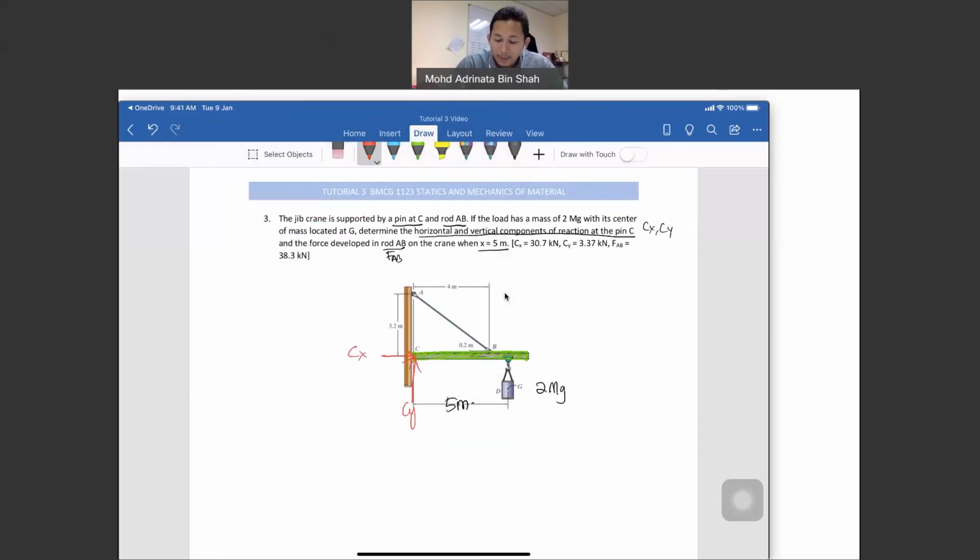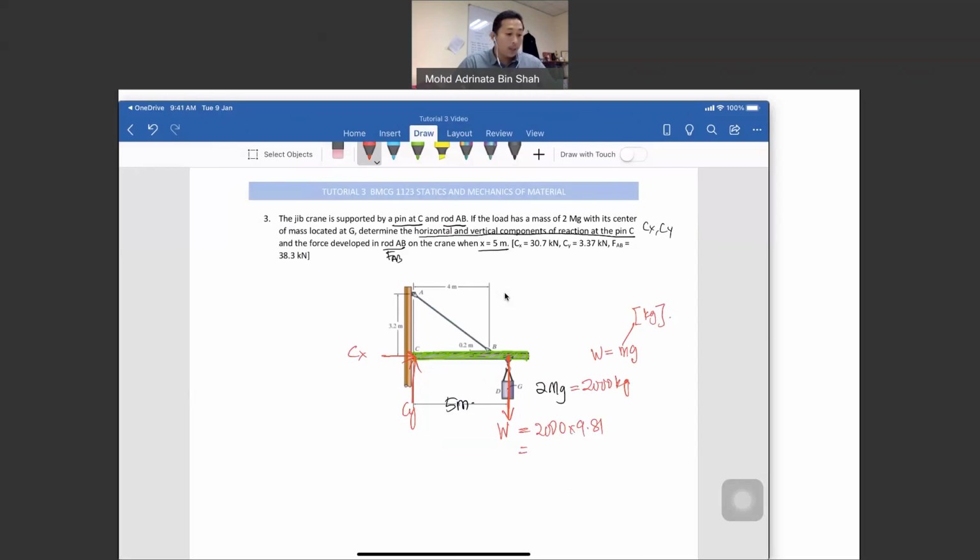We have 2 megagram here, 5 meter. W is equals to 2 megagram is equals to 2000 kilogram. If you want to calculate your weight, W is equals to mg, m is in kilogram. Do not change to gram. Okay, so 2000 times 9.81.